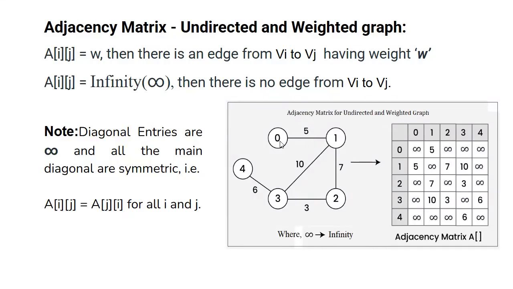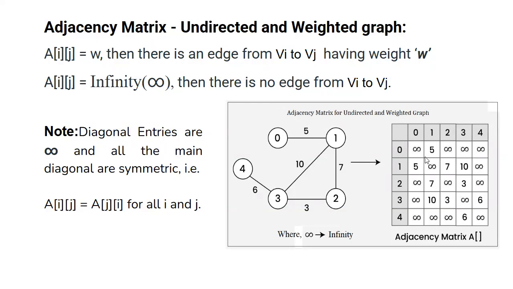If there is an edge between 0 and 1, you have to identify the cost or weight of the edge and enter it into the intersecting cell from 0 to 1. Because there is no direction, the vice versa value, that is the symmetric value, is also the same. That is, from 1 to 0 is also the same value, and so on.